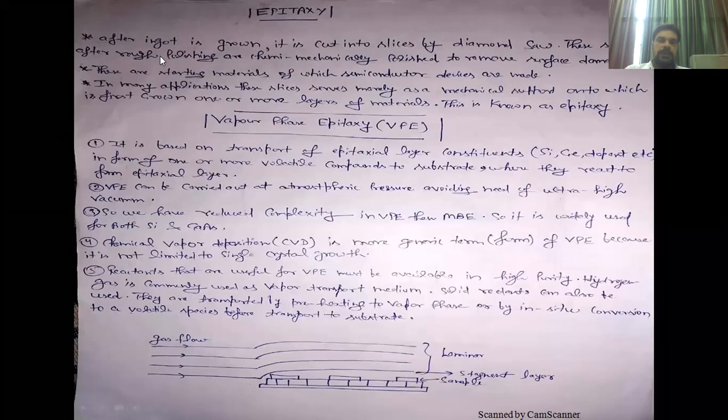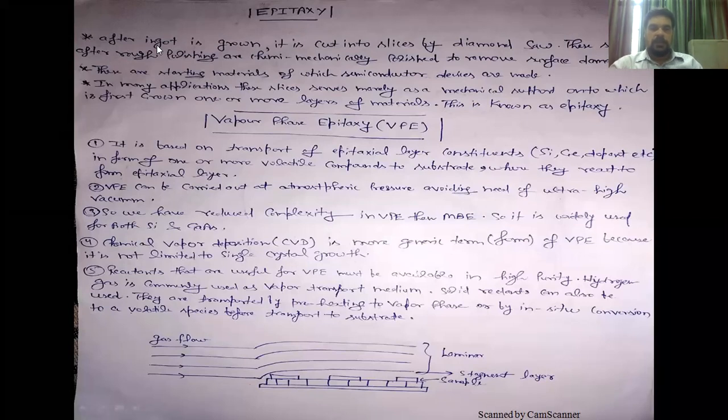What epitaxy is, I have already discussed in my first lecture. For revision, we get a silicon ingot from, say, the Czochralski process. It is cut into slices by a diamond saw, and following that we polish these wafers.